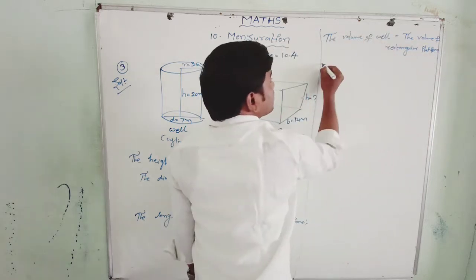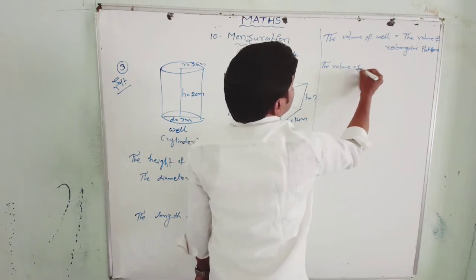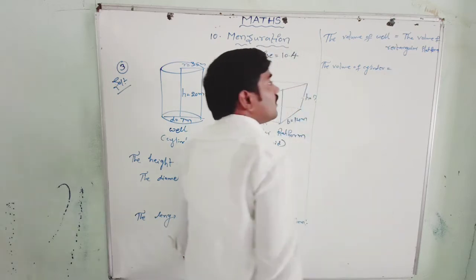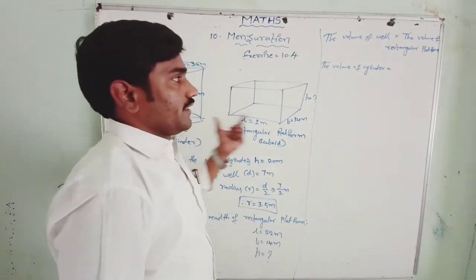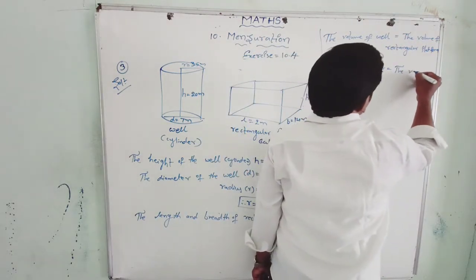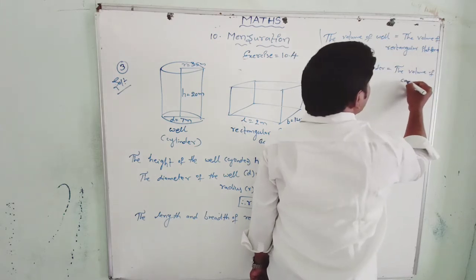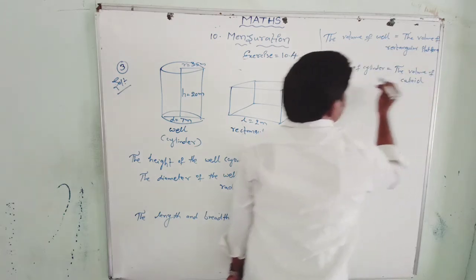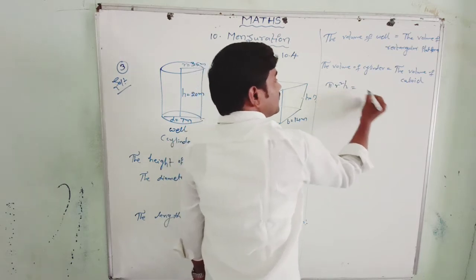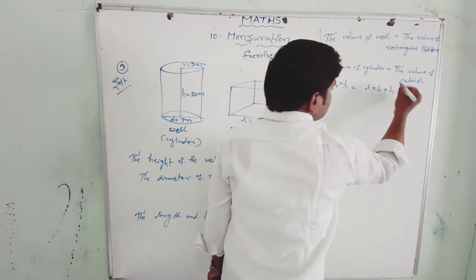Volume of the well is nothing but the volume of a cylinder. The well is in cylinder shape. So volume of cylinder equals the volume of cuboid. The volume of the rectangular platform is nothing but a cuboid. The volume of cylinder formula is pi r square h. The volume of cuboid formula is L into B into H.